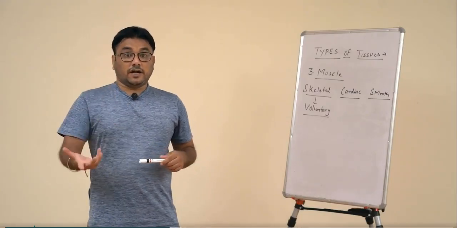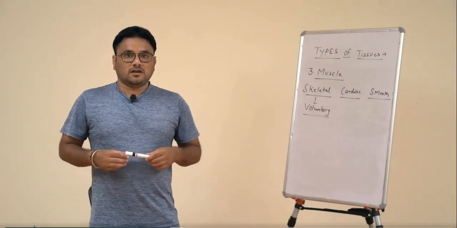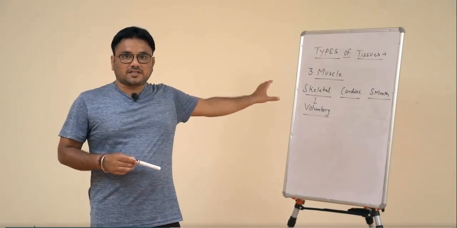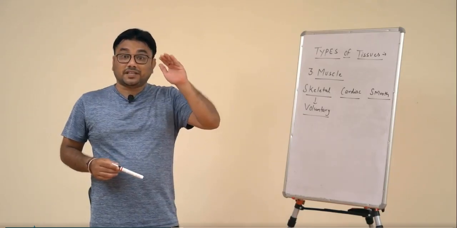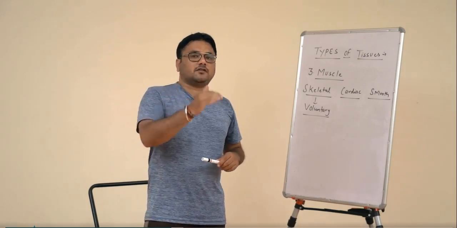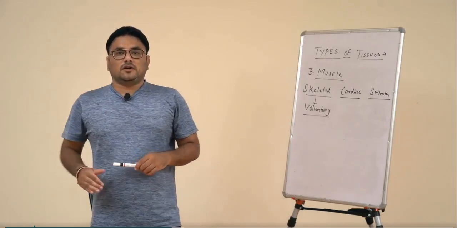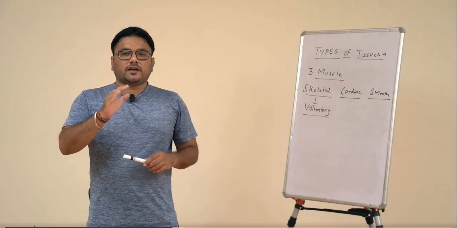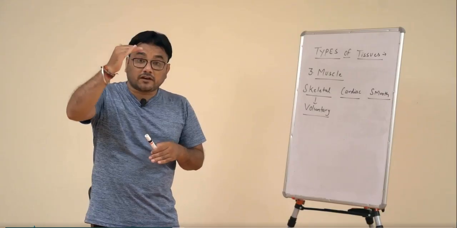Or if we could control these cardiac muscles, nobody in this whole world would suffer from hypertension. Yes, by different practices of breathing, meditation, and cardiac workouts, we can control the rate. We can slow down the rate of the heartbeat.